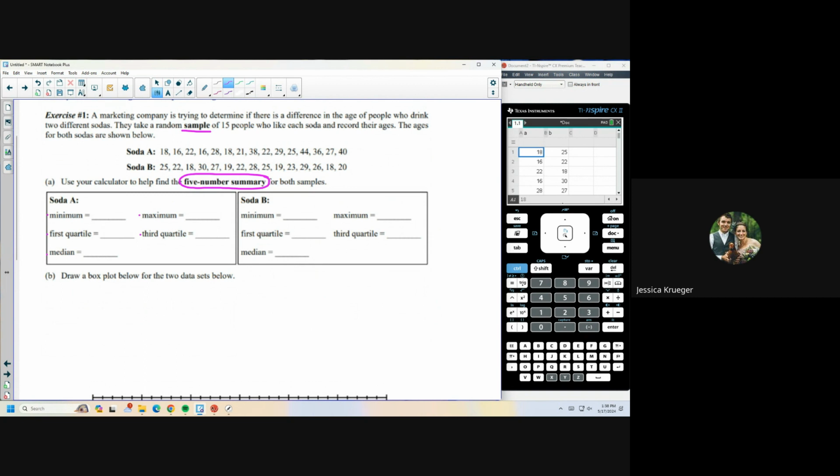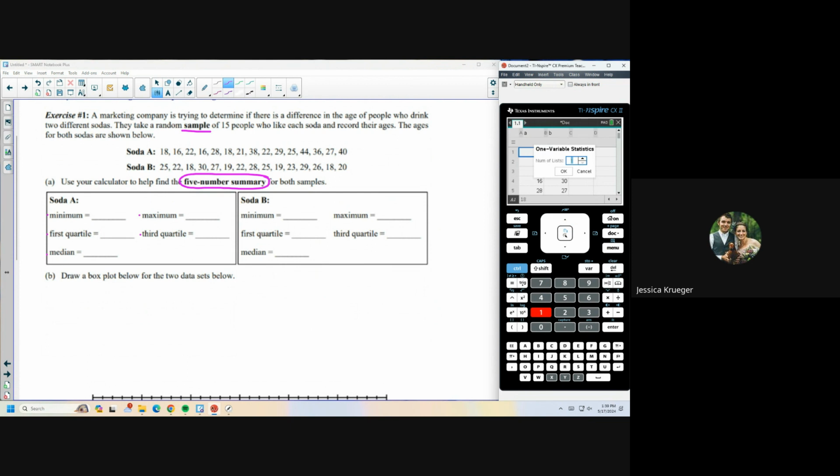So I went ahead and entered the data into my calculator for soda A and soda B. I scrolled up to the top and I was able to type A in the top just so that I knew that that was soda A. I now want to use my calculator to get this 5-number summary. So I'm going to click menu. I'm choosing statistics, stat calculations, and I'm choosing one variable stats.